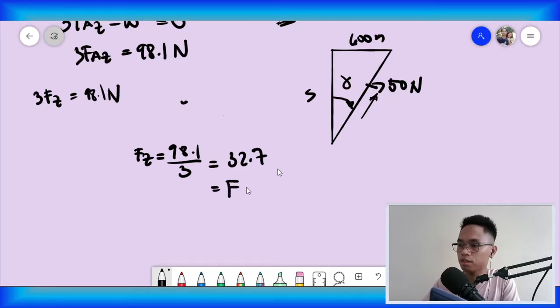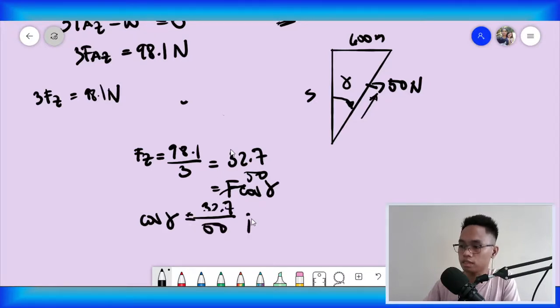Knowing that our F is equal to 50, our cosine gamma is equal to 32.7 over 50.